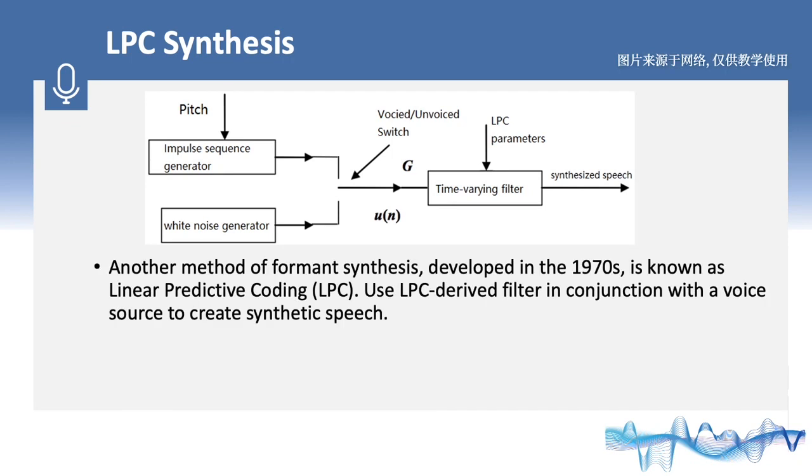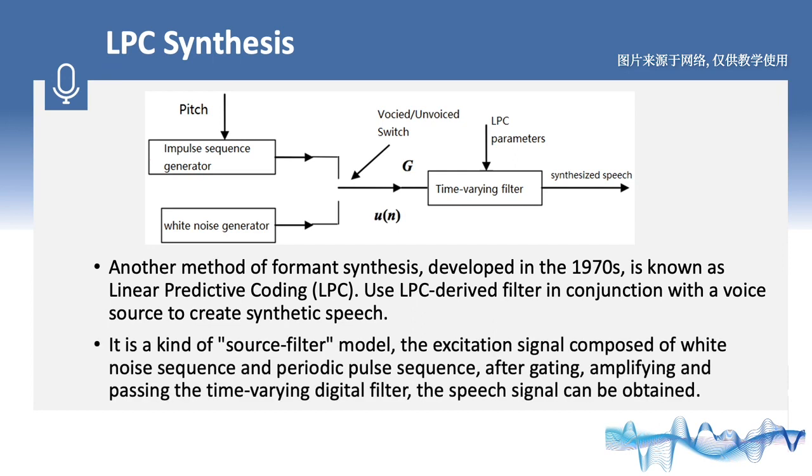Another method of synthesis developed in the 1970s is known as linear predictive coding, LPC. This method uses an LPC-derived filter in conjunction with a voice source to create synthesized speech. It is a kind of source-filter model.